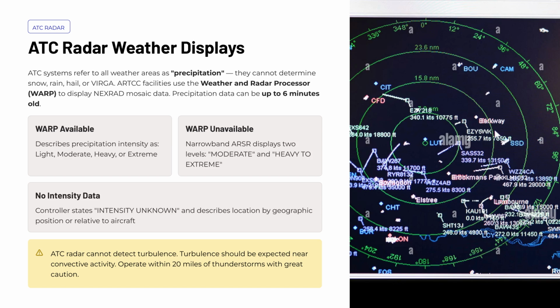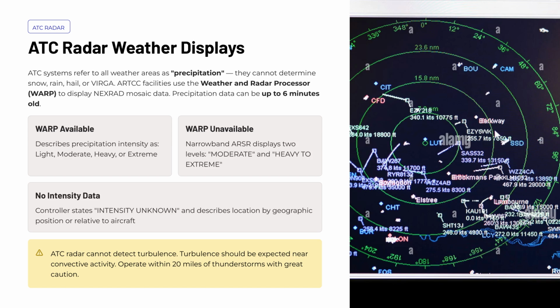When WARP is unavailable, controllers fall back on narrowband air route surveillance radar, which only provides 2 intensity levels, moderate and heavy to extreme. And in some cases, the controller may have no intensity data at all, in which case they'll advise you that intensity is unknown and simply describe the location of the precipitation relative to your position or a geographic reference.